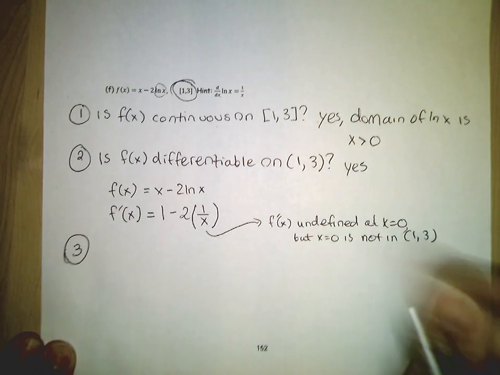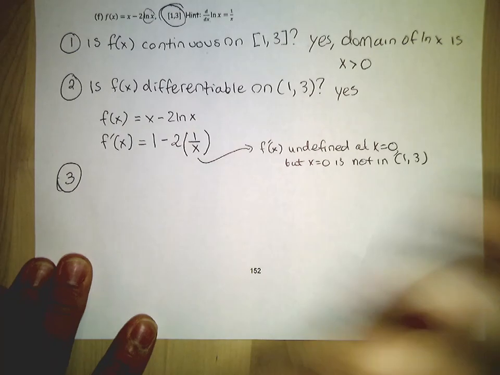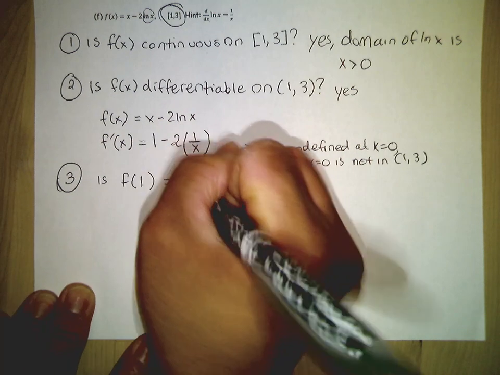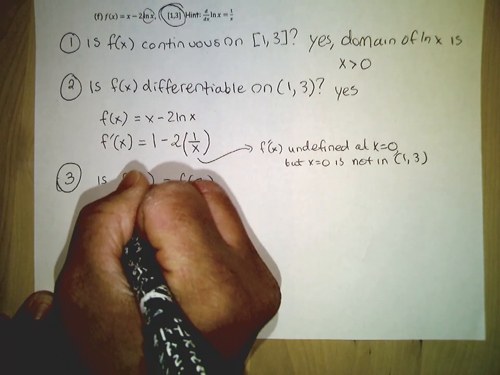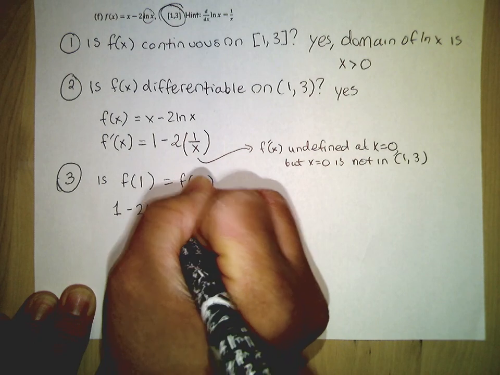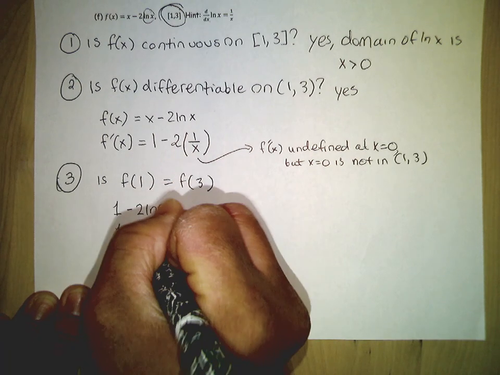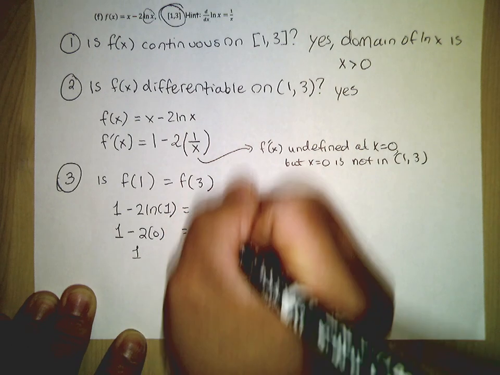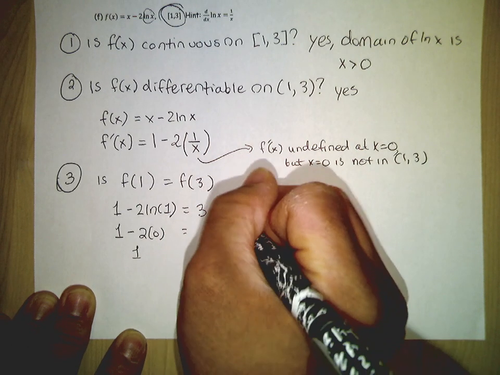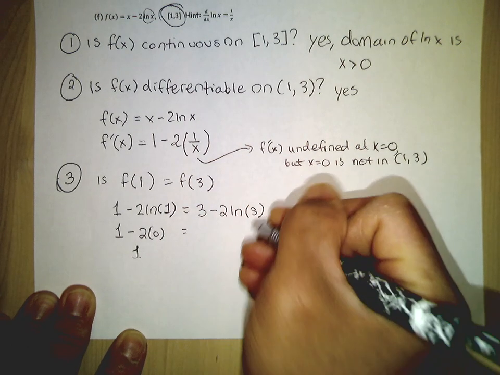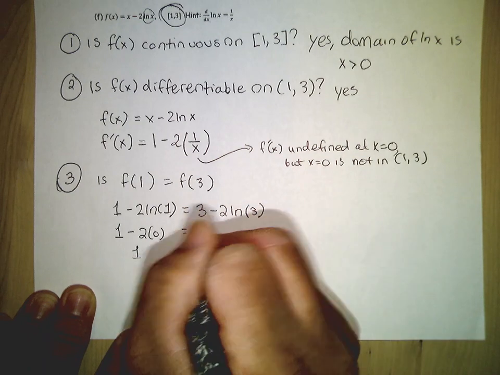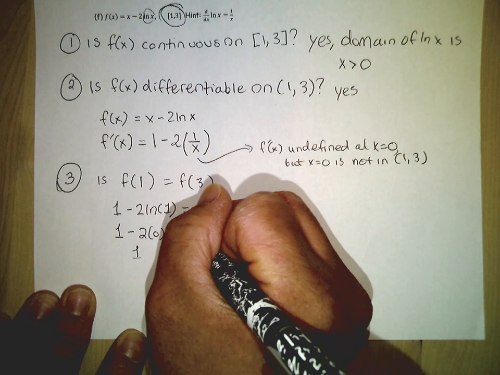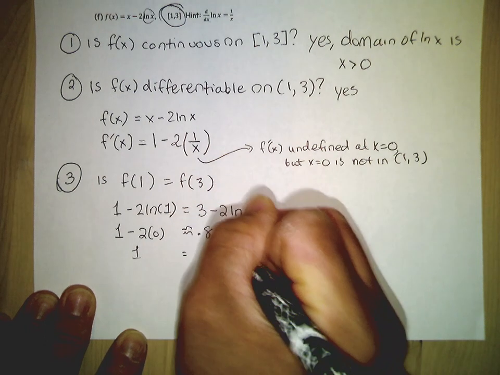All right, now we need to find out, is f of 1 equal to f of 3? Well, f of 1 is 1 minus 2 natural log of 1. So that's 1 minus 2 times 0, which is 1. And f of 3 is 3 minus 2 natural log of 3. If I actually do this, I get something that is about 0.803.